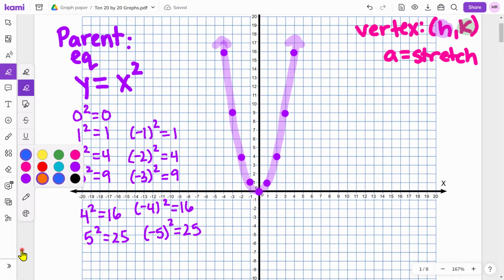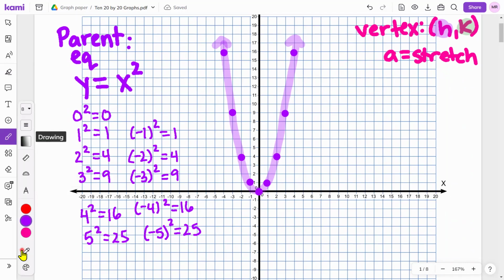Let's say I was going to graph y is equal to the quantity x minus 5 squared, minus 10.